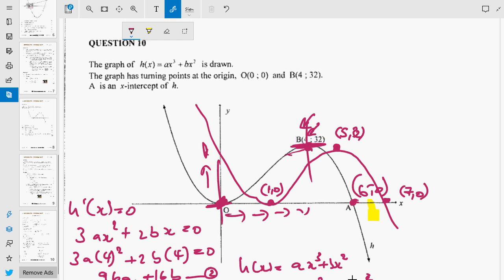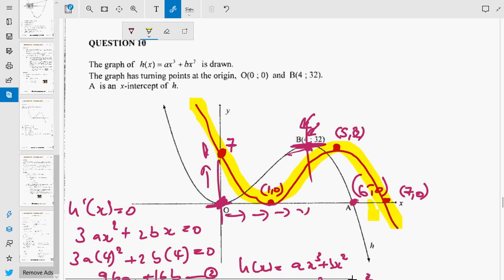So what the examiners are asking me is, how must I shift this graph? Please bear in mind that we have a y-intercept of 7 here.